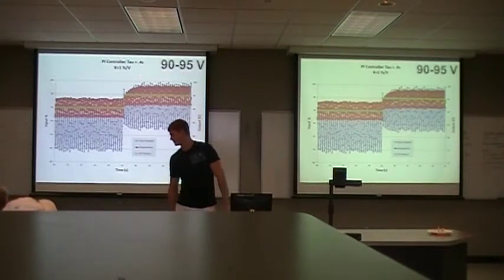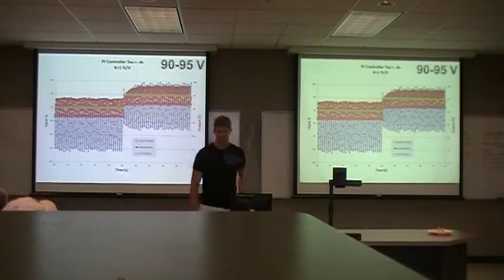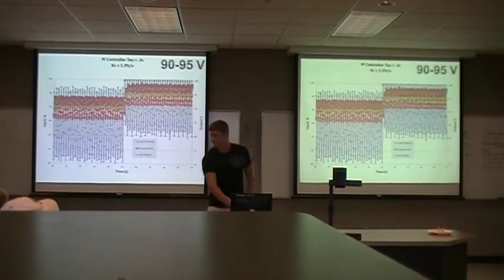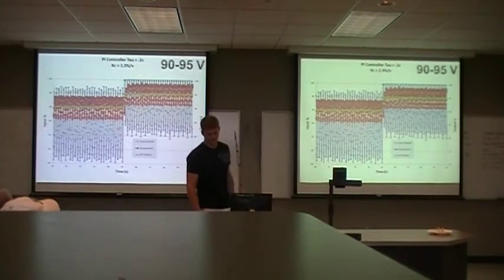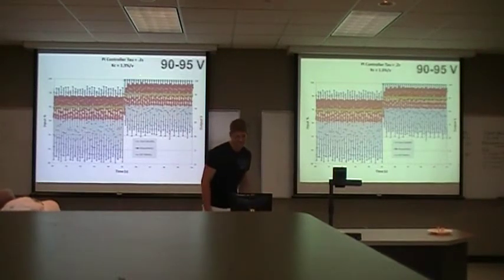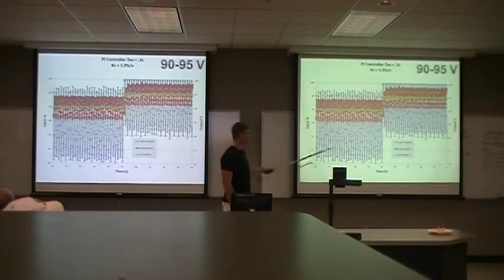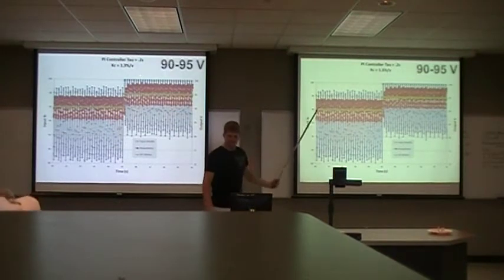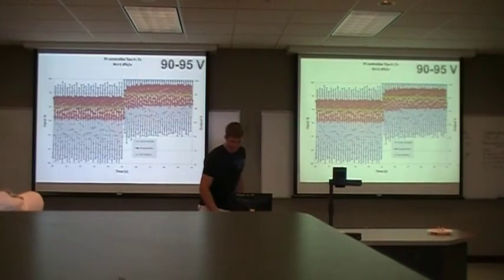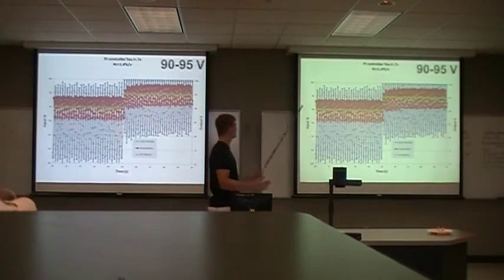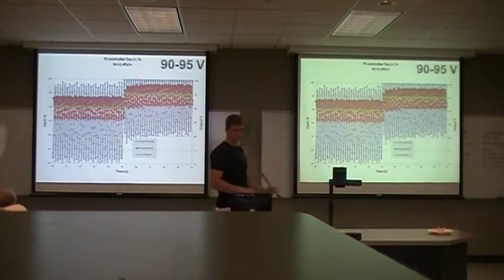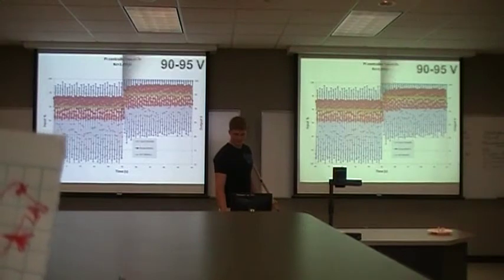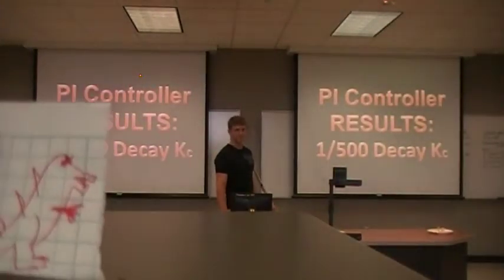That should be tau sub I. Anyways, 0.2, and Kc is 1.3. We still have this crazy look going on. Same with this, 0.7 and 1.4. So let's move on to the 1/4 decay.